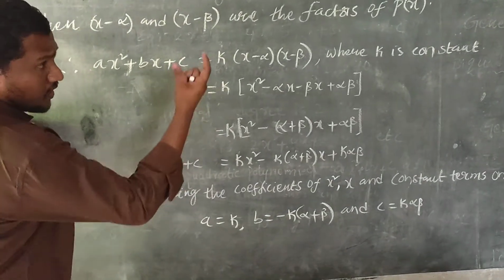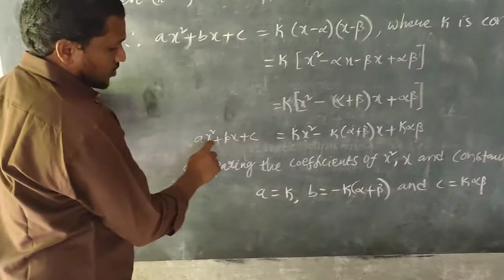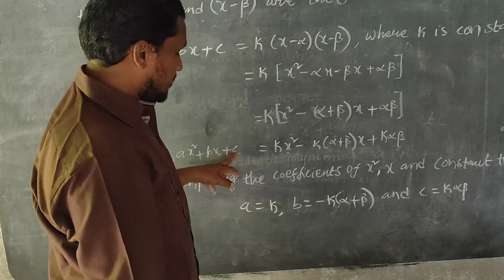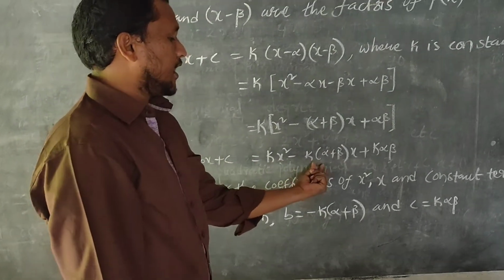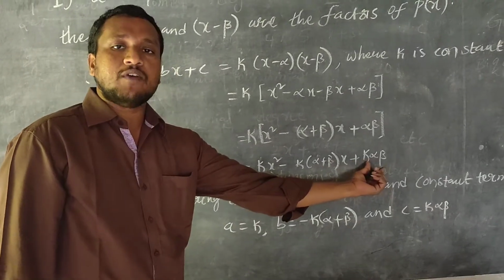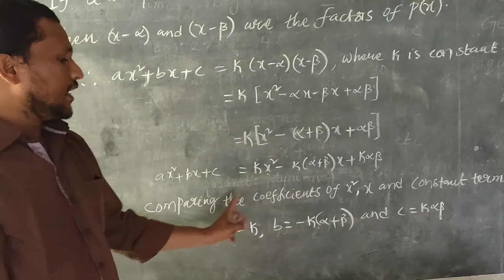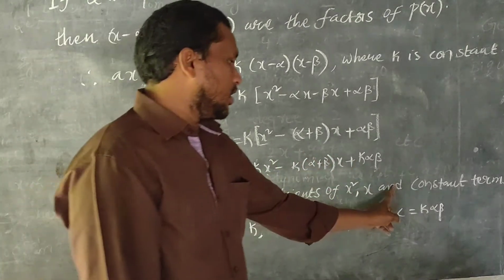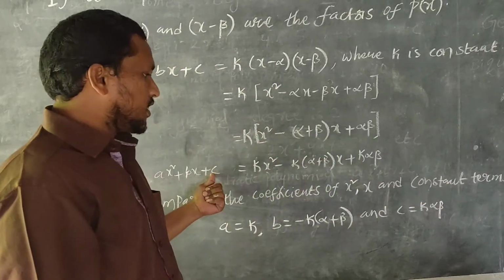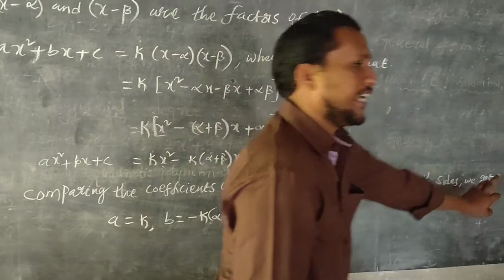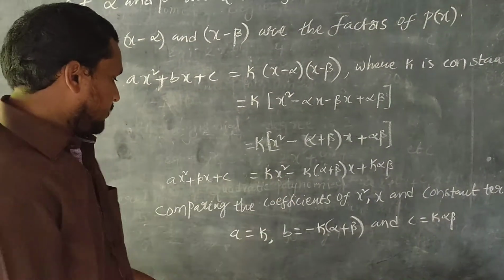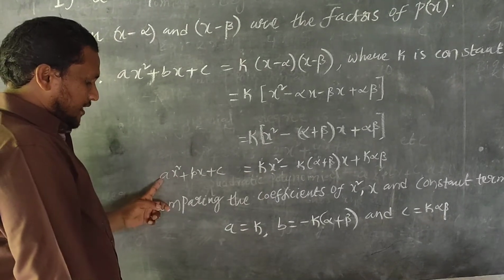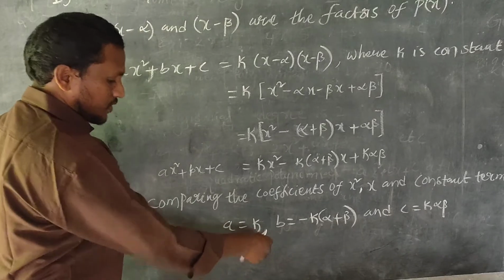So what is the given quadratic polynomial? ax square plus bx plus c is equal to kx square minus k into (alpha plus beta) into x plus k alpha beta. Comparing the coefficients of x square, x and the constant terms on both sides, we get: a is equal to k, the x square coefficient, first one.